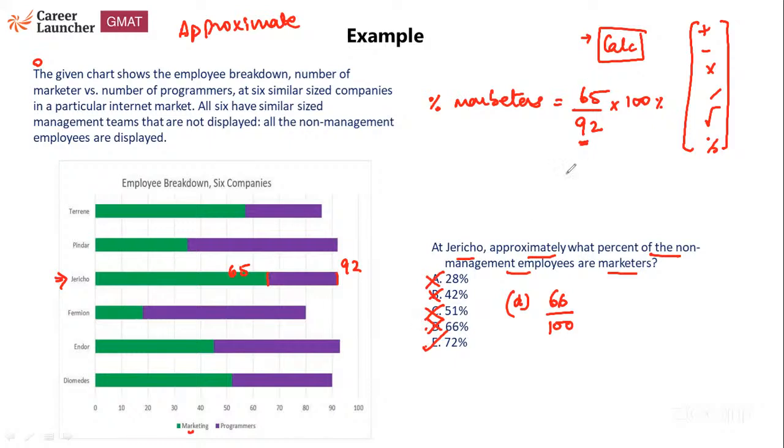Numerators were almost equal. Denominator which is required is 92, which is very less than 100. So it can't be option D. Therefore, option E. So start visualizing, at least eliminate the options and do the calculations using the calculator only when required.